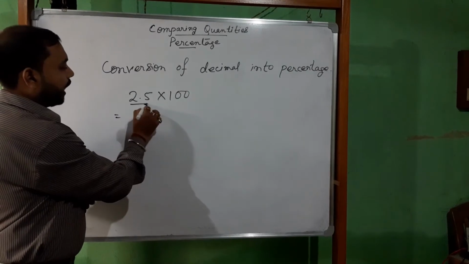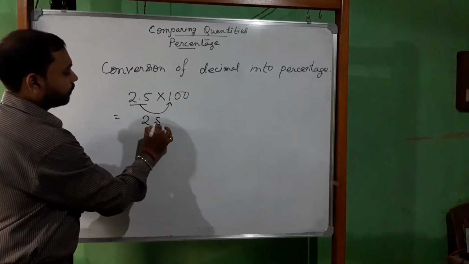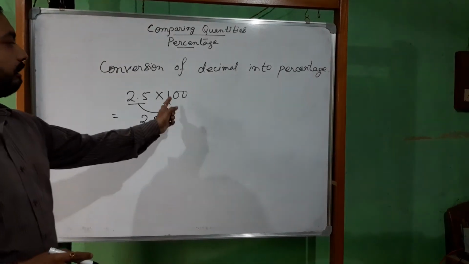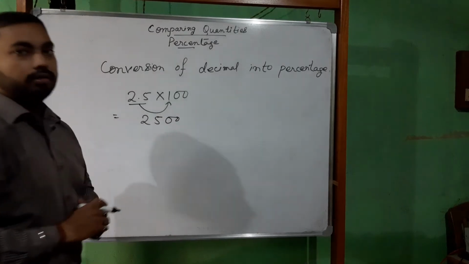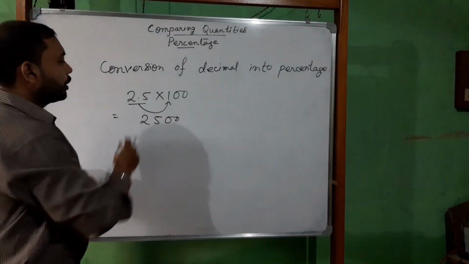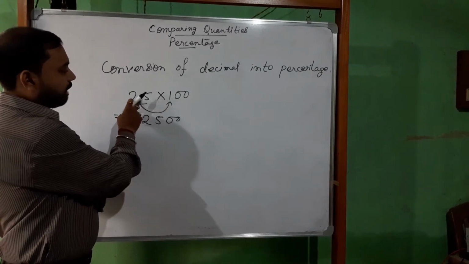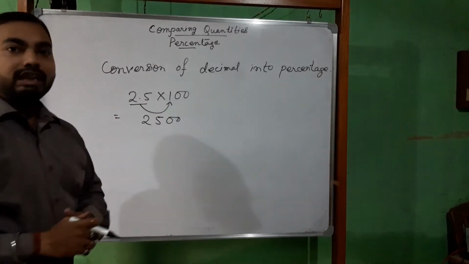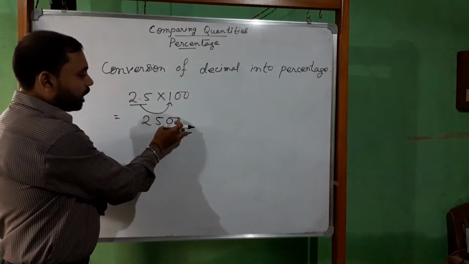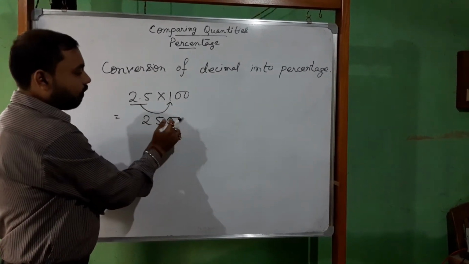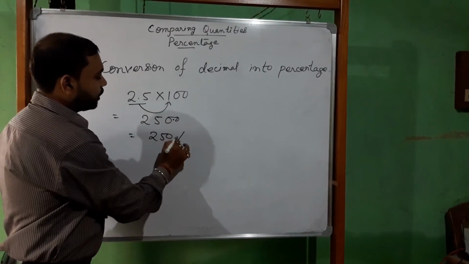When 25 is multiplied with 1, it will be 25. Now how many zeros are there in 100? 2 zeros. So you put 00 at last. Now you have to give the decimal point. After the decimal point only one digit is there, so you have to give the decimal point before one digit. So the answer will be 250%.